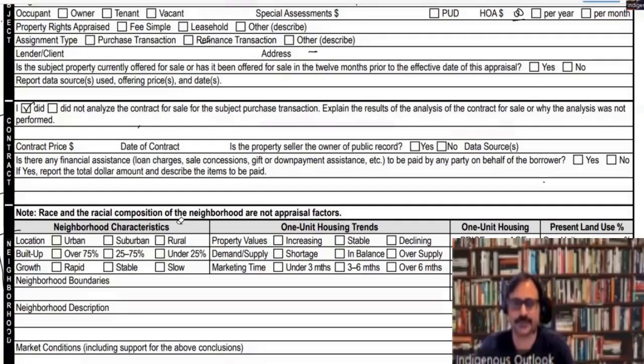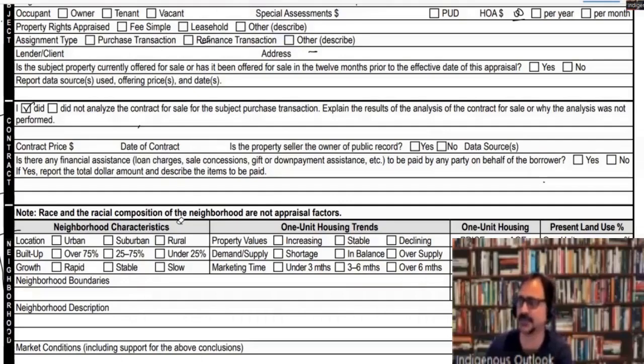If any of you have worked in processing, this is the guideline: an appraisal should be ordered by sending or attaching the purchase contract and a copy of the title report, so that the appraiser can go through them, right?